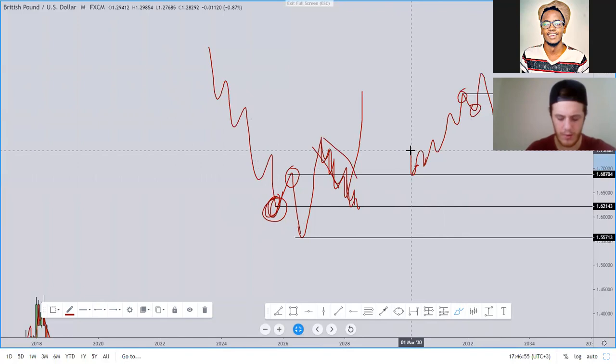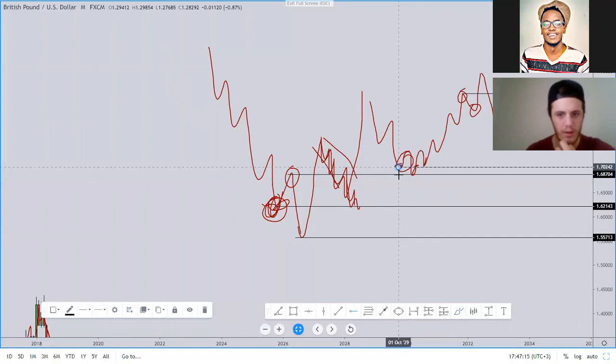Excuse my drawing. These were the last lows and highs. So now this becomes our invalidation point, because this is our last low that was broken in order to make this uptrend.